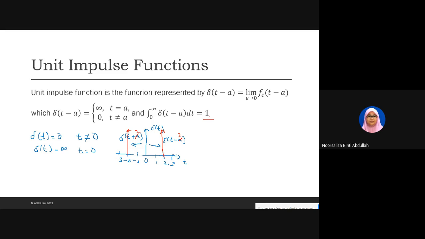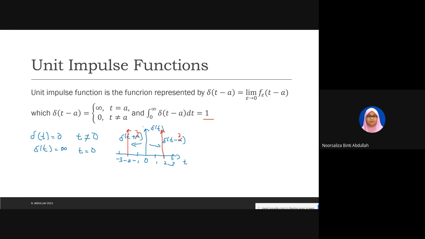Ada soalan? Make sure you faham yang saya tunjuk ni. So delta function is actually start from 0. We have this equation delta t equals to 0 for t not equals to 0, and delta t equals to infinity for t equals to 0. Which means hanya pada titik kosong ni saja dia akan ada nilai.